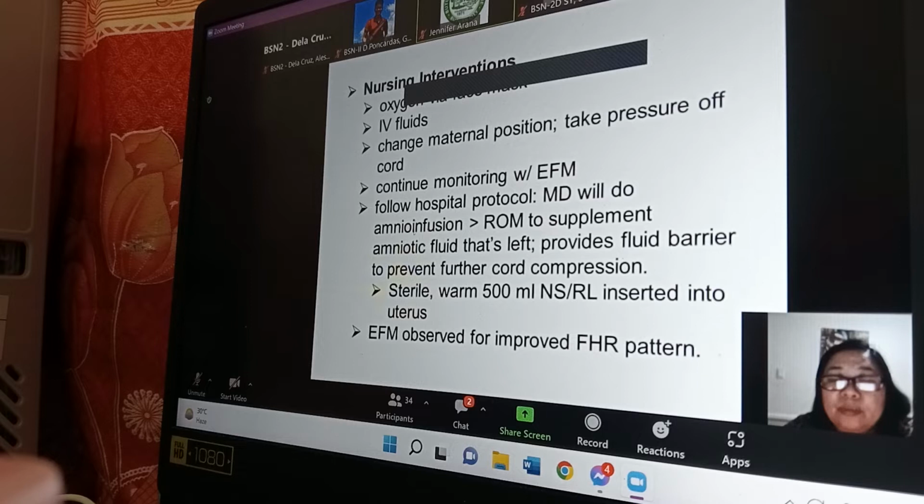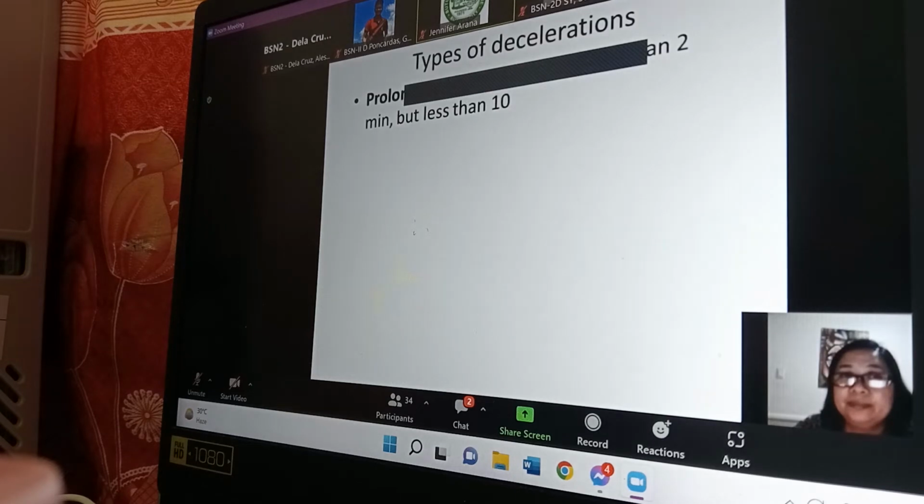So, pag amnio infusion, butangan ng fluids, ang gamitin ng fluids, sterile, warm, 500 ml of normal saline or Ringer's lactate inserted into the uterus. So observe for the electronic fetal monitoring and observe for improved fetal heart rate pattern.